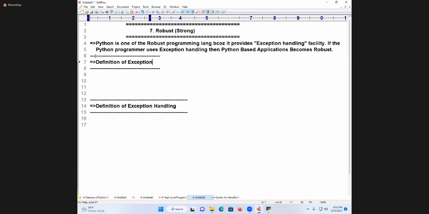When an exception comes, you will get a technical error message. Who will not understand it? The end user. Who will understand? The programmer. All sorts of runtime errors are called exceptions. Runtime errors means what? An ATM application runs 24/7, correct? It is always running. When you insert your card, you are using that application during running time. When the end user enters wrong input, that is called an exception.